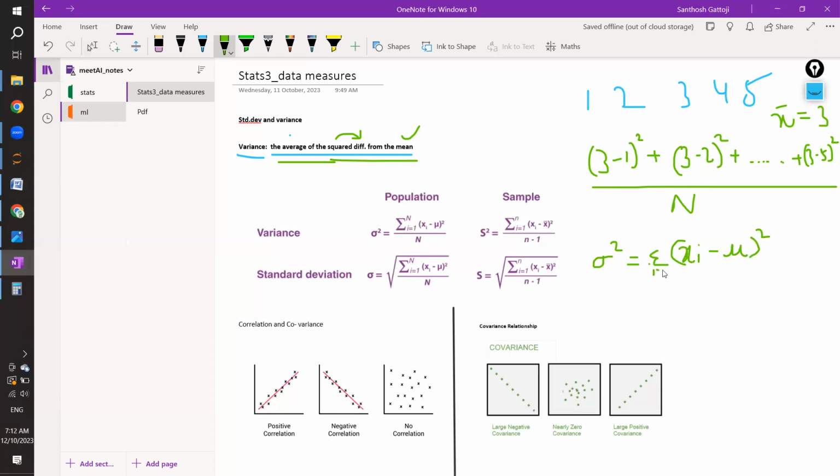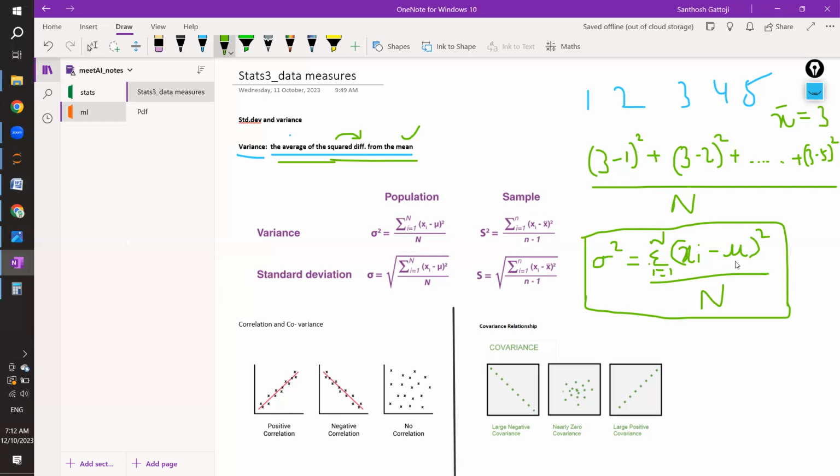That means sigma from i equal to 1 to n, and average by n. Fine, so this is nothing but the variance. With this you will know the total amount by which each and every number is varying from its mean.